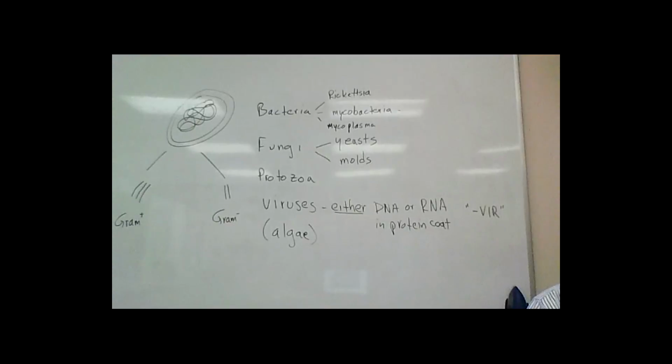Parasitic diseases also, in most people's minds, include things like helminths, which are worms, basically things like bloodworm and so forth. Ringworm, by the way, is not a worm.